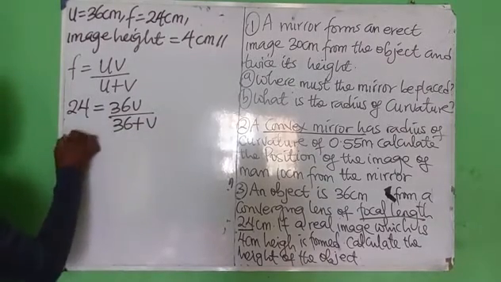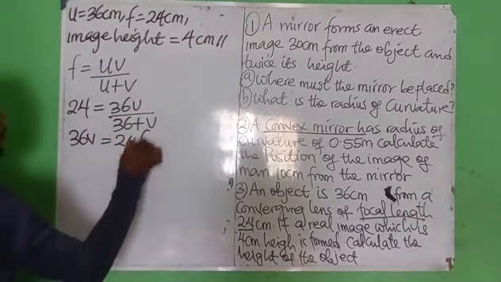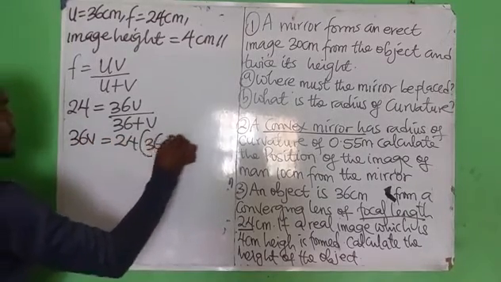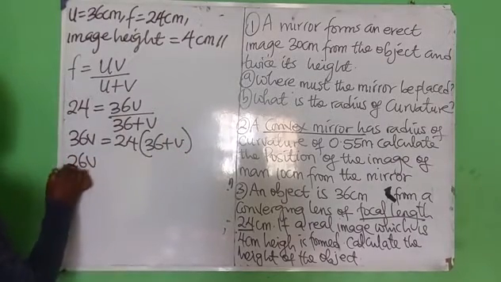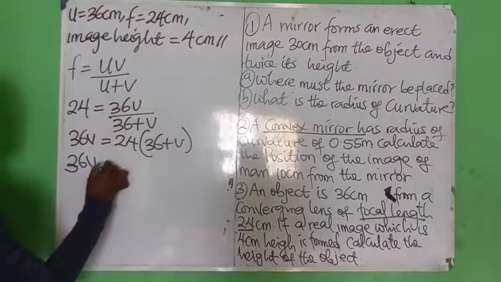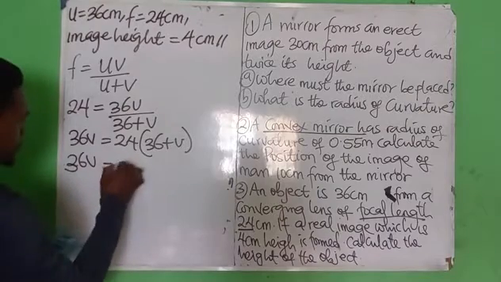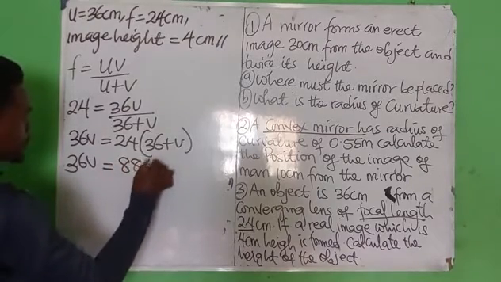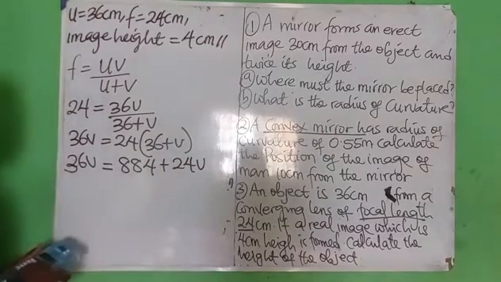We cross multiply. So this 36V equals 24 times bracket 36 plus V, so 36V equals 24 times 36, which is 864, plus 24V.